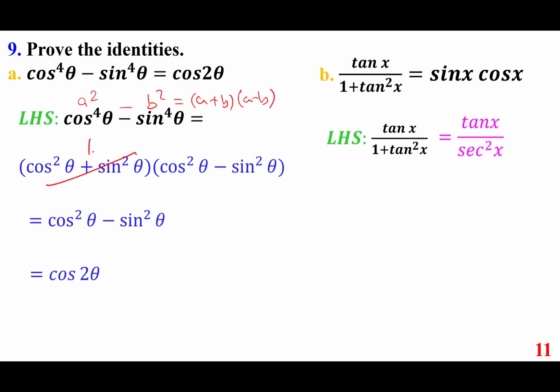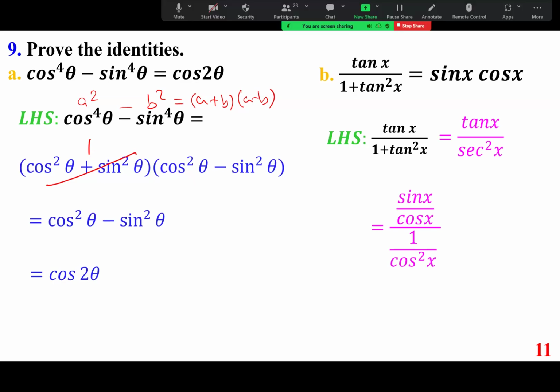And now we are ready to replace the tangent with sine over cosine, and secant is 1 over cosine, therefore secant squared is 1 over cosine squared. Obviously, the denominator, the LCD is cosine squared, so you're going to multiply the top and the bottom by that.